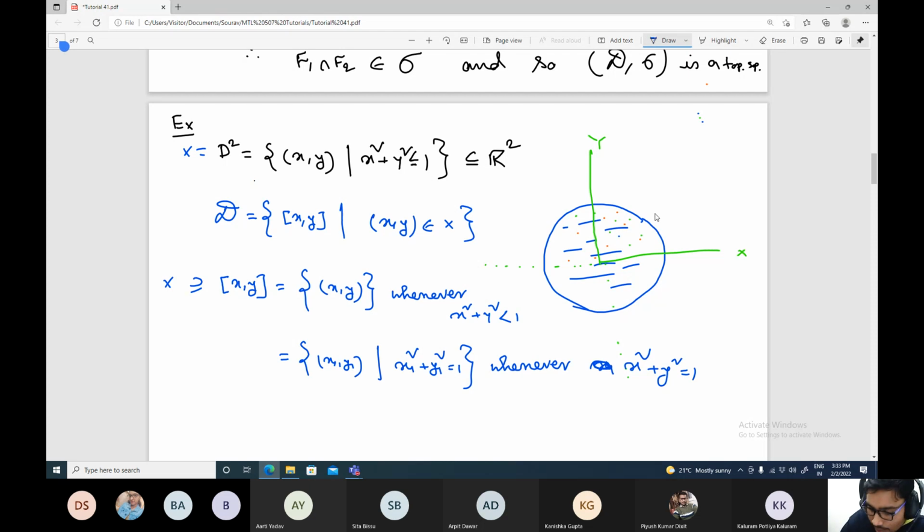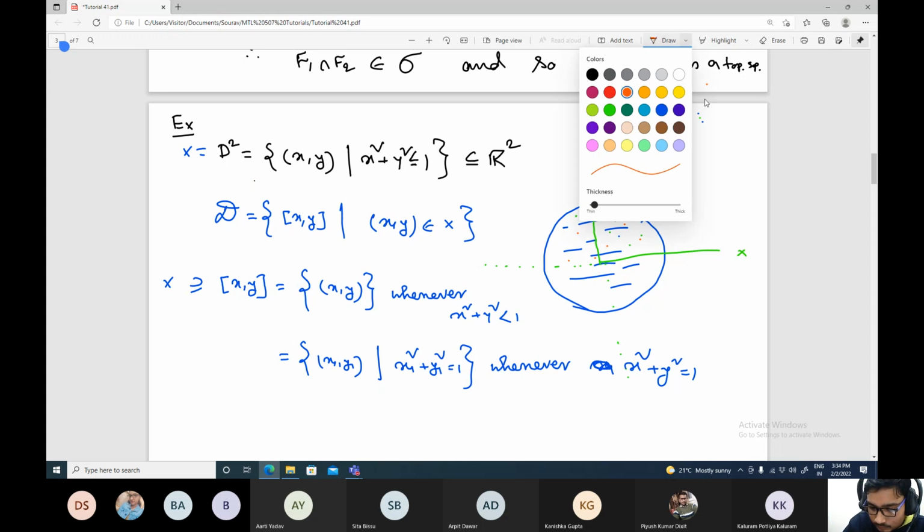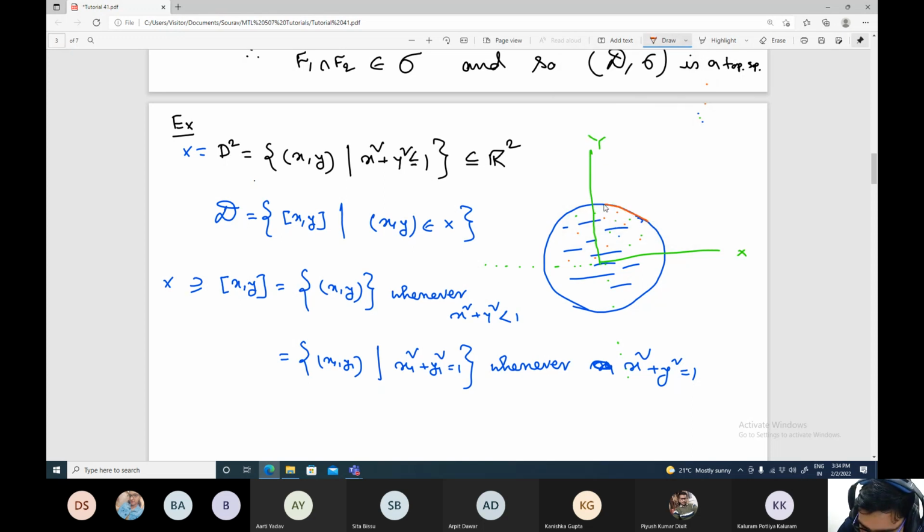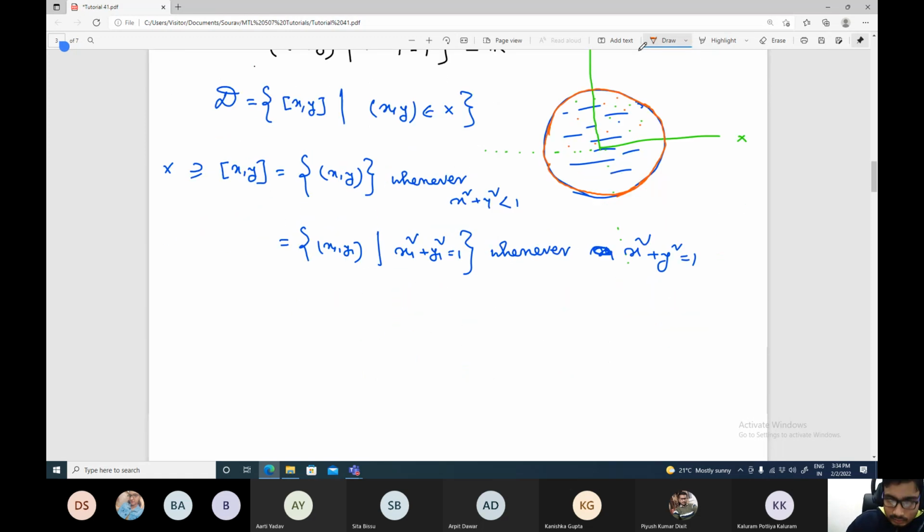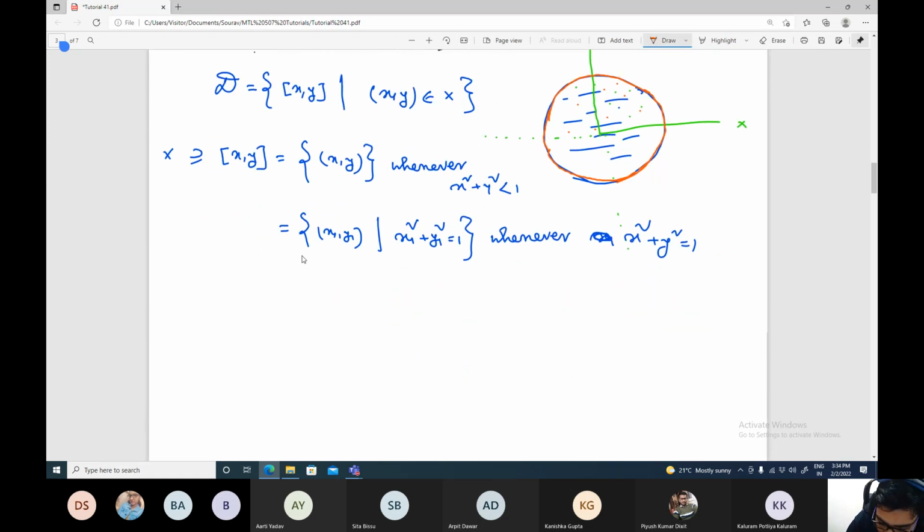Means we are taking all points in the boundary in one partition, or in one equivalence class. So you can name this class, by using the axiom of choice, you can give any name here, say 0 comma 1, or simply 1 comma 0, and so on.